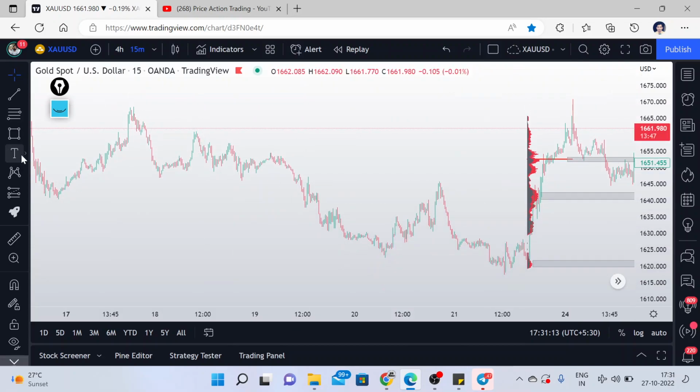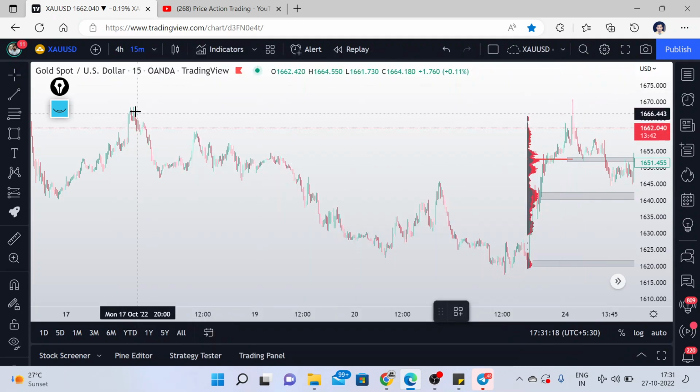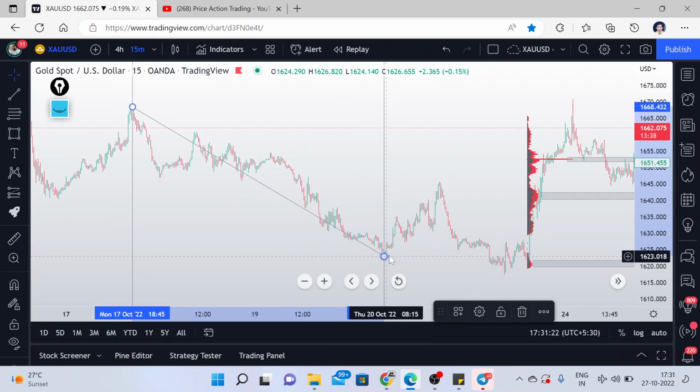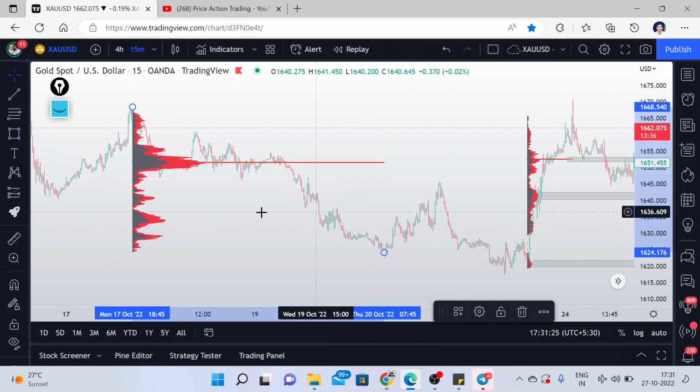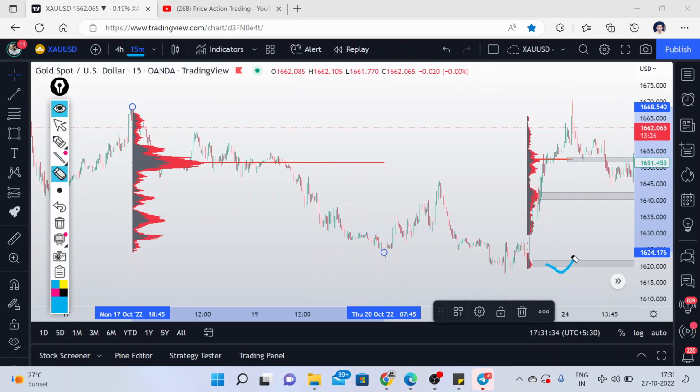Like if I want to explain this movement, if I apply it again here, from here to here we have a good sell impulse, and this is the volume profile you can see. So in the volume profile you can read, let me clear the drawings. After this good selling move, you can see they pushed the price toward the lowest price.